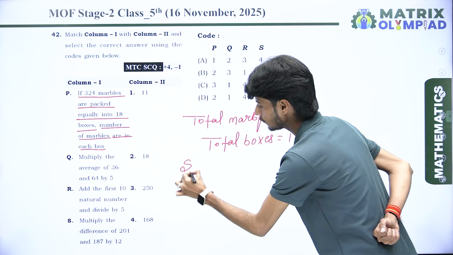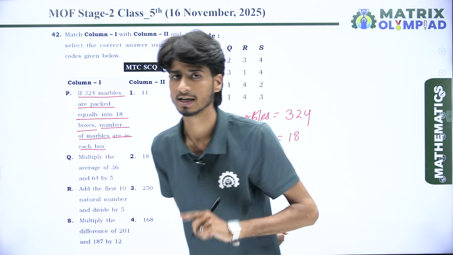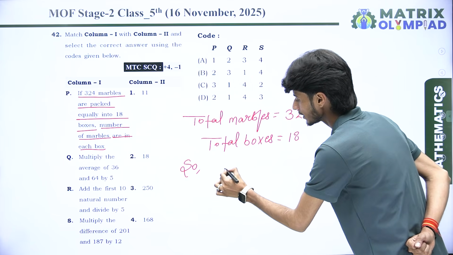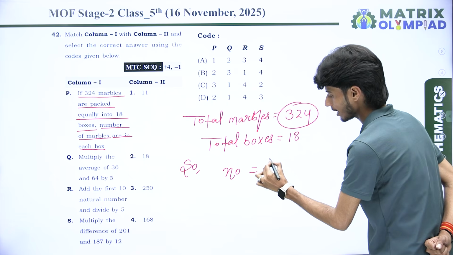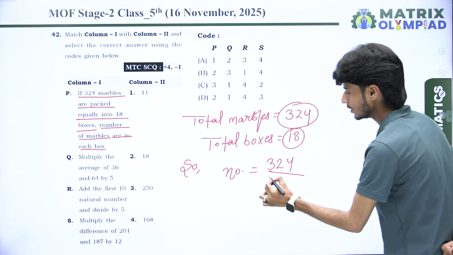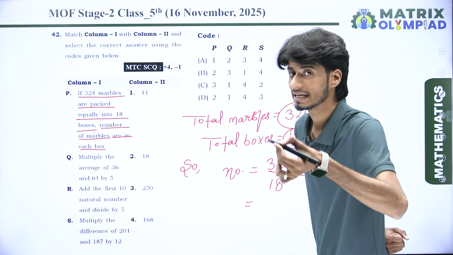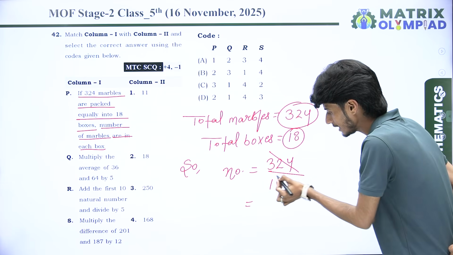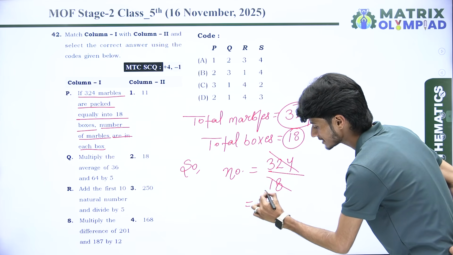So to find the number of marbles in each box, we divide the total number of marbles, 324, by the total number of boxes. So 324 divided by 18 gives 18.